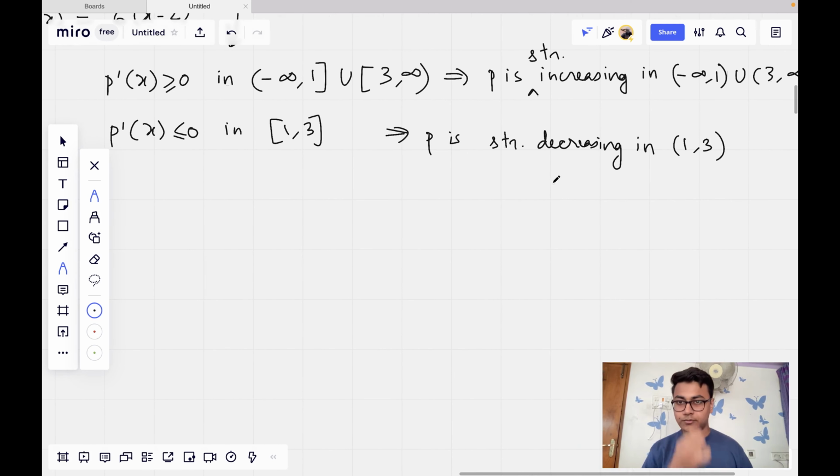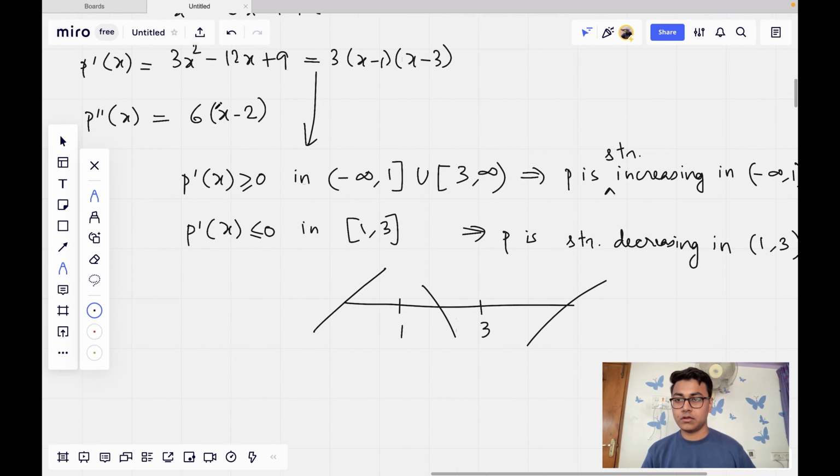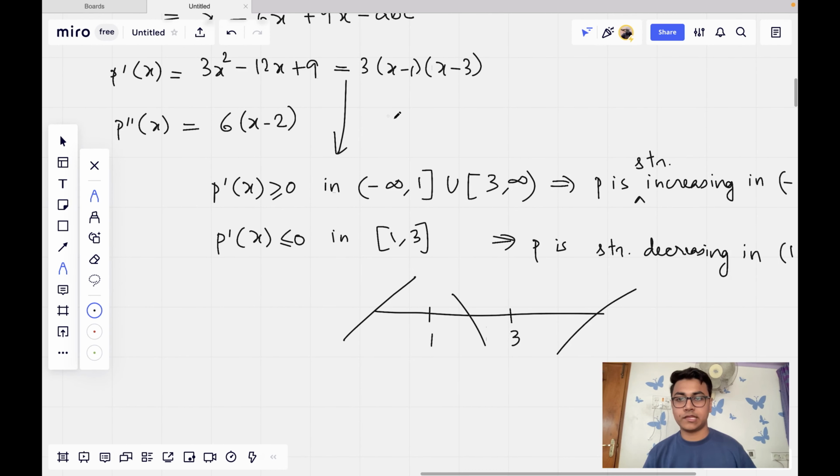So these are the 3 portions. This is 1, this is 3. The polynomial P is strictly increasing here, strictly increasing here, and strictly decreasing here. Moreover, we look at the value of P double dash x at these 2 points, 1 and 3.